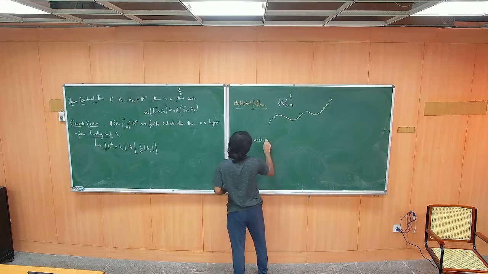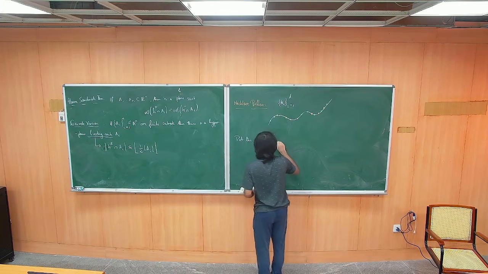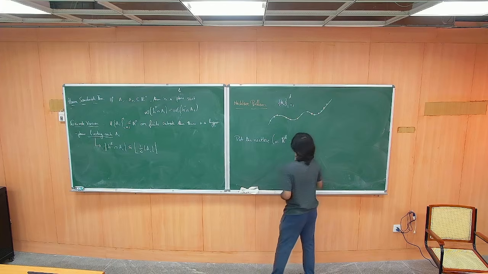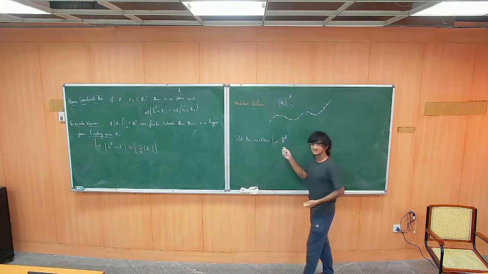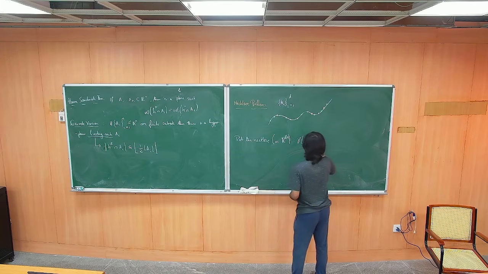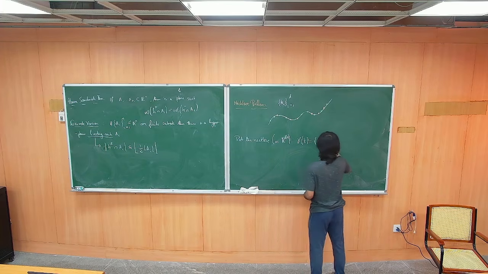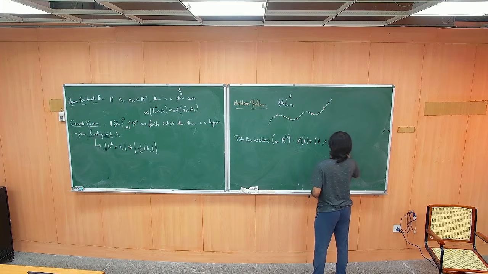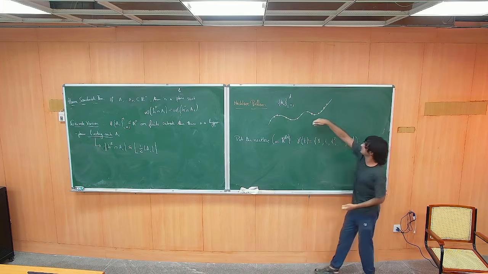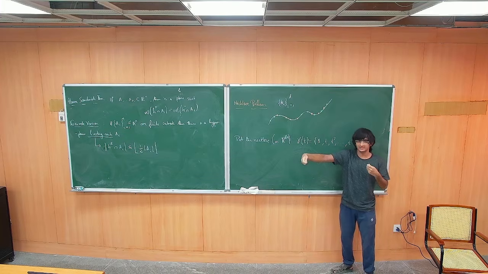So put the necklace into R^d along this curve. So this is basically a string.